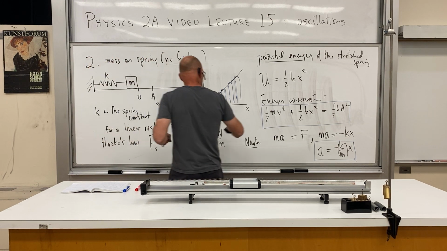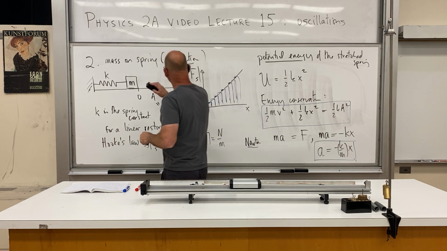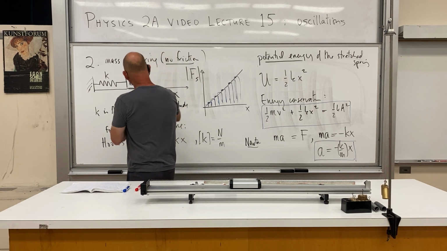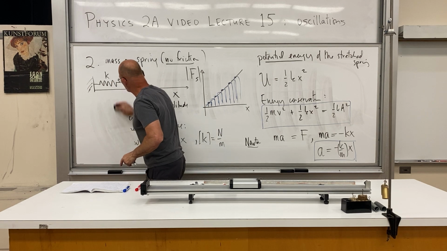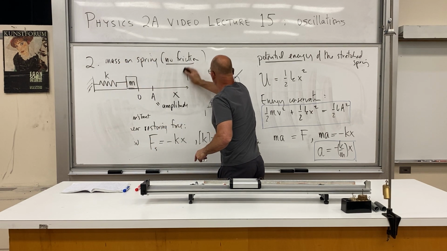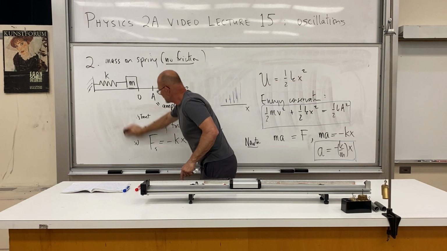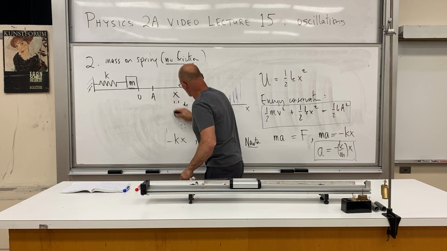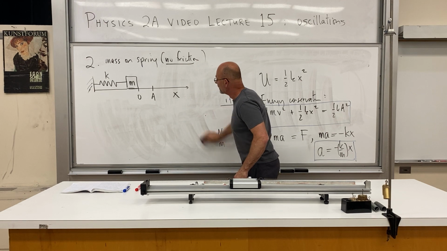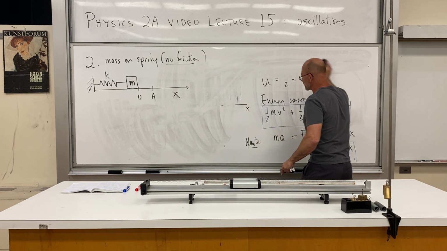Okay, so I ended with this conservation of energy idea. What I'll do is leave this picture up. This is useful. And continue on here. So we know these definitions now, and we'll be referring to this picture.